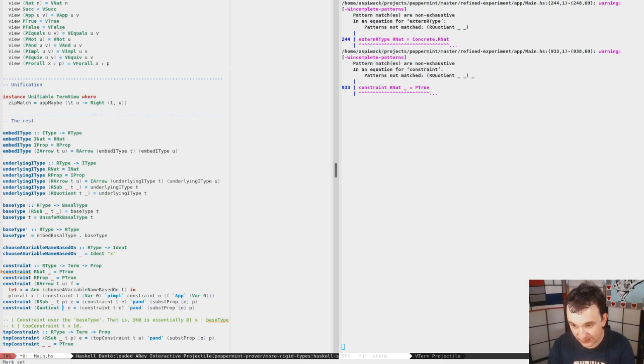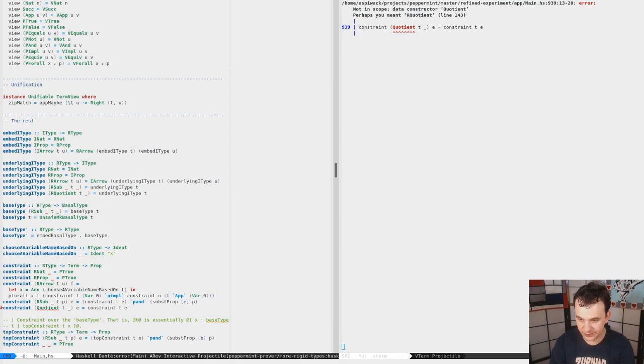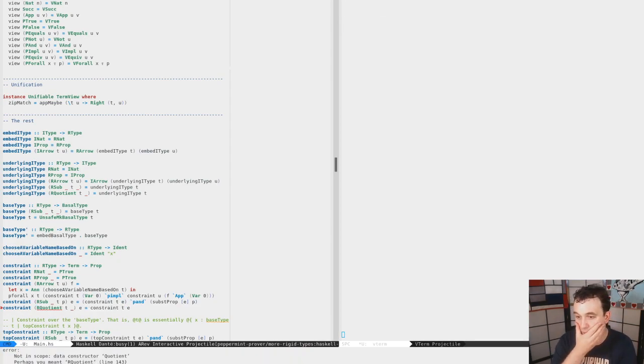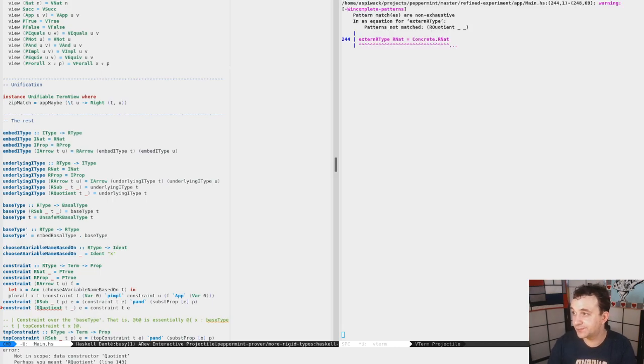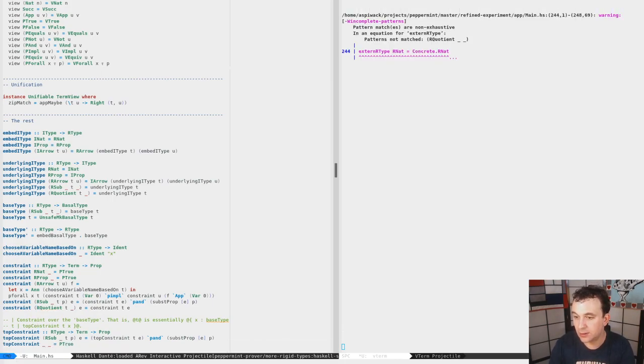And so in that case, we have a T, and we can ignore this, and it's just the constraint for T. Okay, it's surprisingly not unhappy.